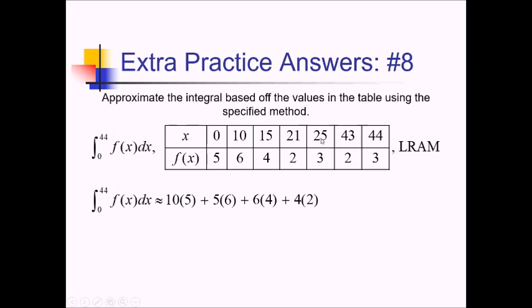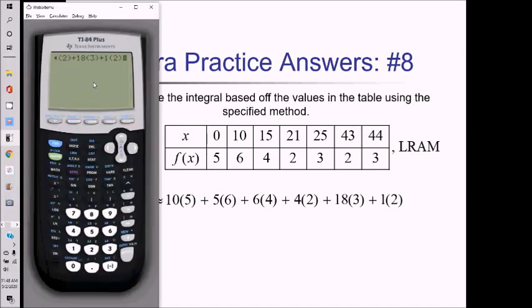And then from 25 to 43, that's a base of 18 times a height of 3. And then finally, a little jump here, 43 to 44, base of 1 times a height of 2. And let me just plug all this in the calculator if I'm curious what the final result is. So plugging all that stuff in, let's see what it comes out to. For what it's worth, 168.